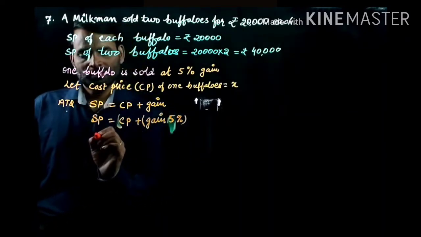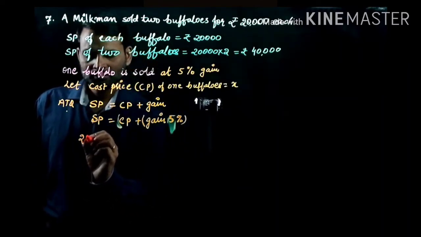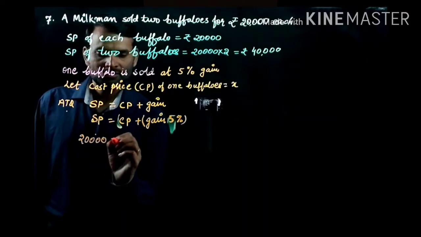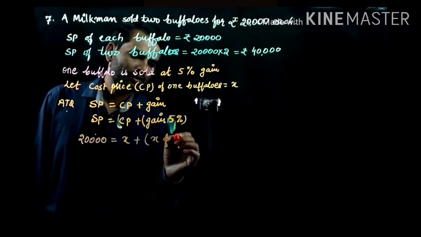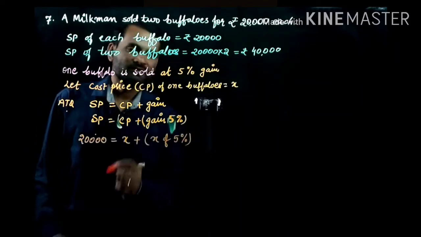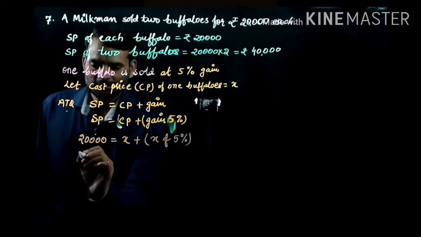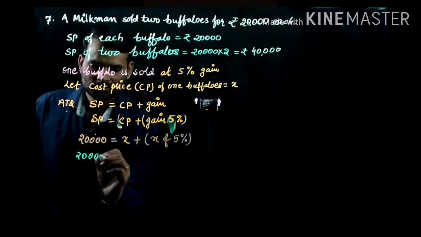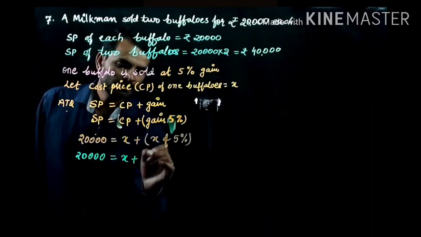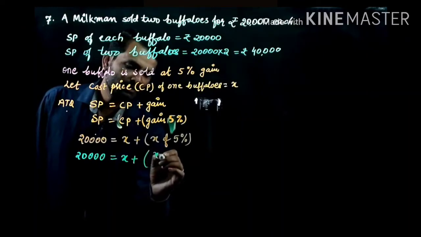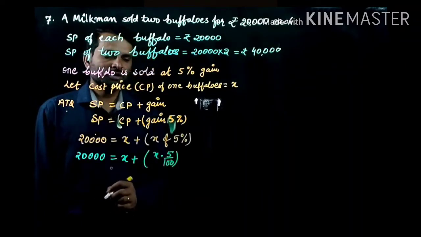Clear? Then you write SP of a buffalo is 20,000, which is equal to CP, x, plus x of 5%. After x of 5%, 20,000 is equal to x plus x into 5 upon 100.